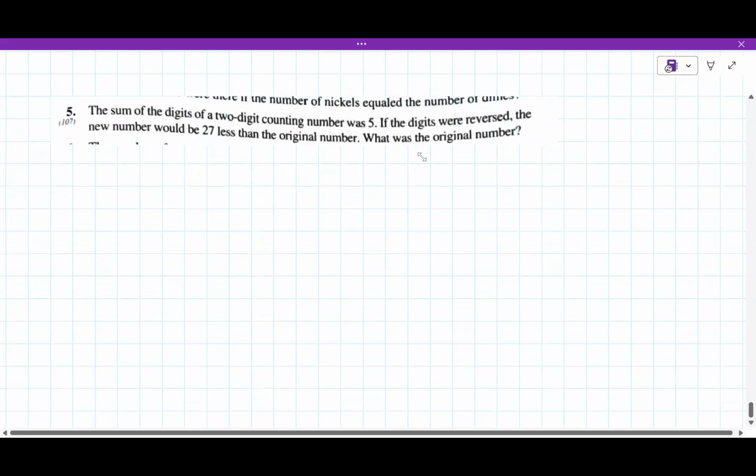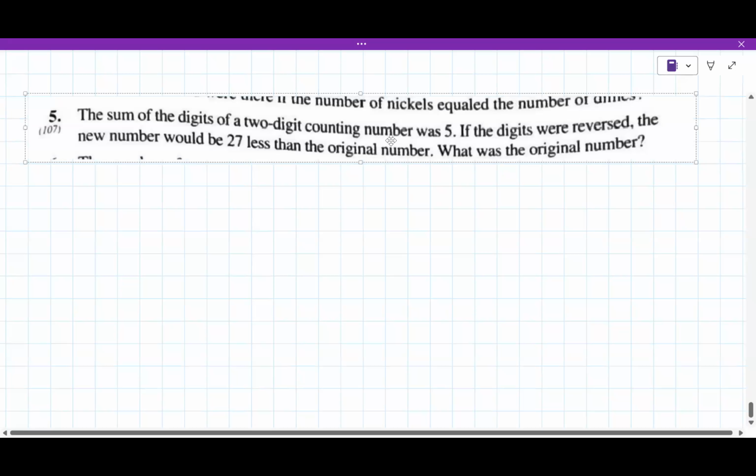Pretty short on time for doing it all. The sum of the digits of a 2-digit counting number is 5. So I'm going to use x, y as that number. We know that x plus y is 5. If the digits were reversed, y and then x, the new number would be 27 less than the original number.